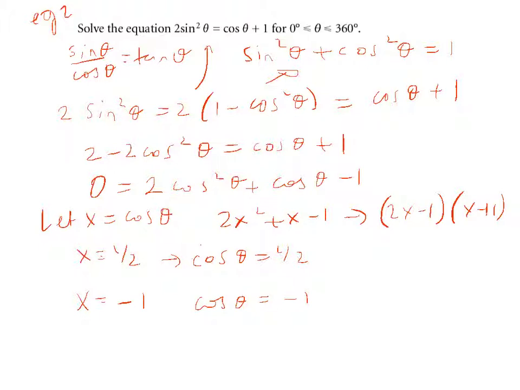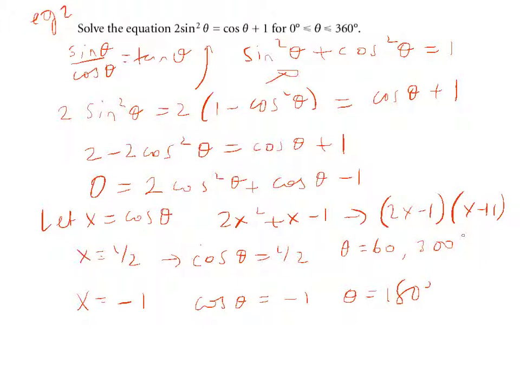For cos theta equals a half, if we find our principal value using the calculator, or if we know the exact values, we know theta equals 60 degrees, or 360 take away 60, which gives us 300 degrees. For cos theta equals minus 1, we simply know that theta will give us 180 degrees.